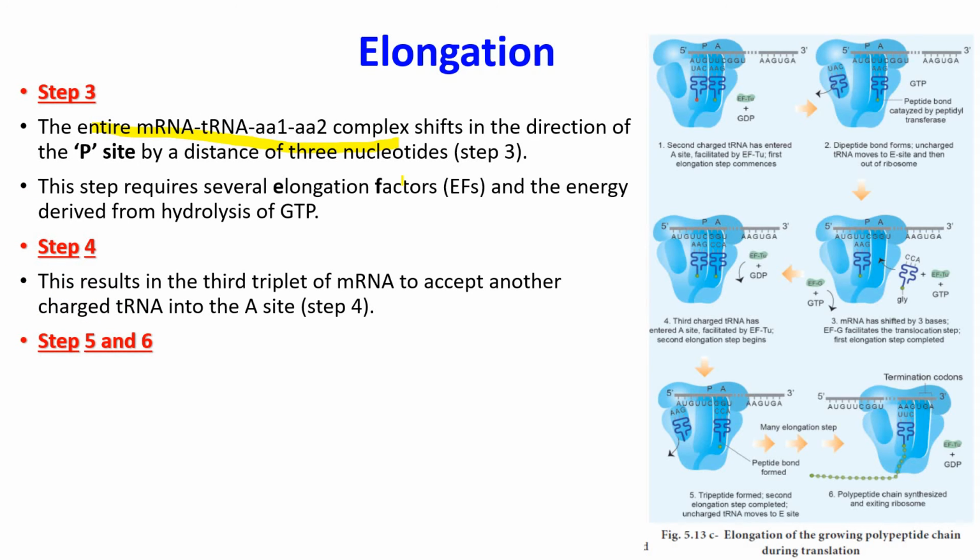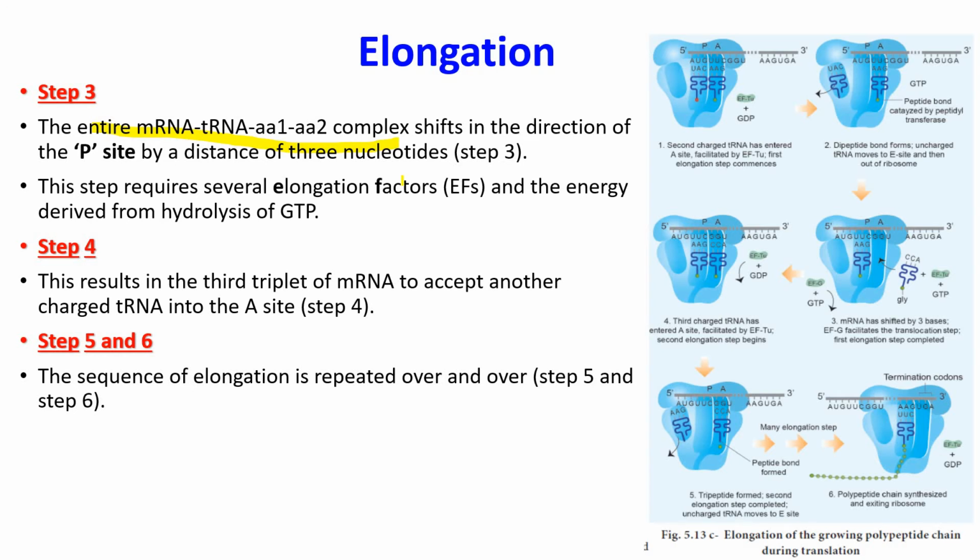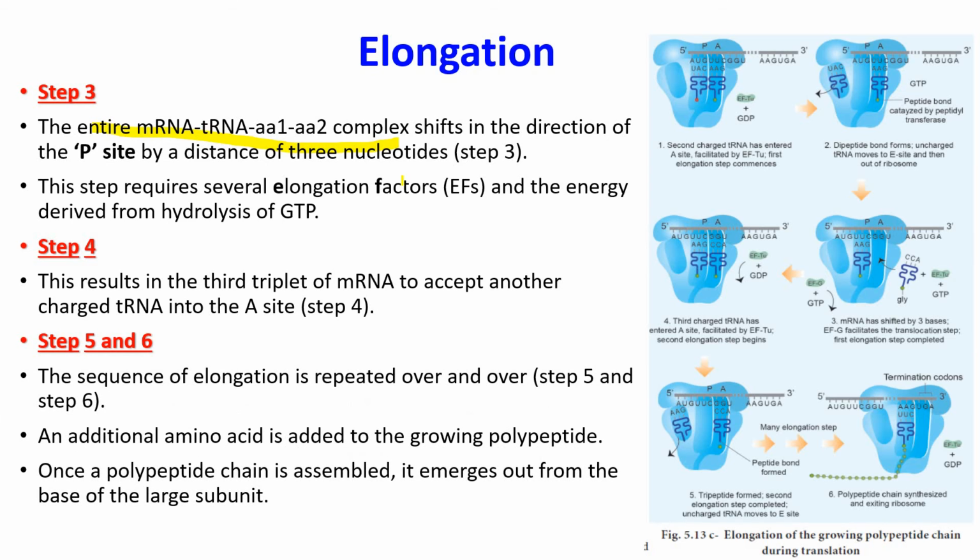Step 4 results in the third triplet of mRNA to accept another charged tRNA into A site. Step 5 and 6, the sequence of elongation is repeated over and over. An addition of amino acid is added to growing polypeptide.